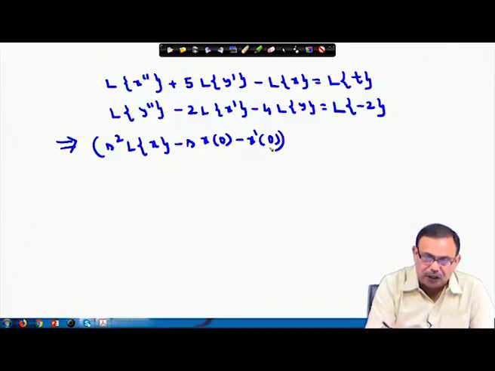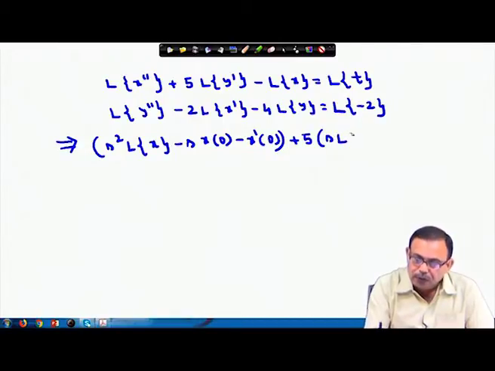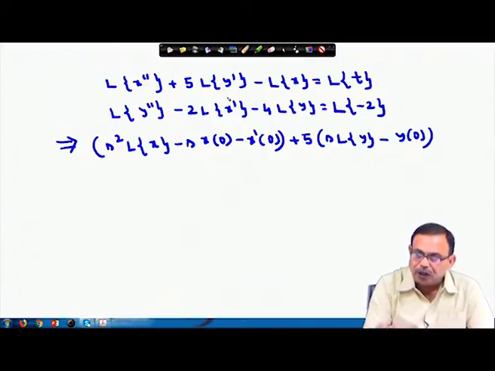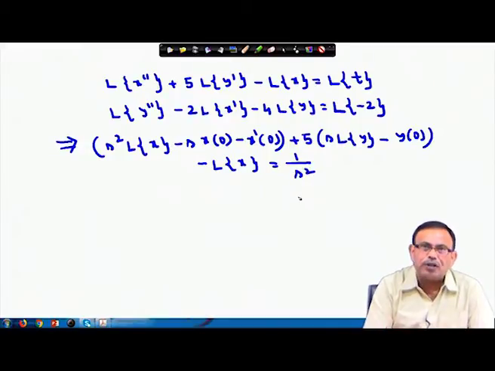This is for the Laplace transform of x double dash, plus 5 into s times the Laplace transform of y minus y(0). This is for the Laplace transform of y dash, minus the Laplace transform of x. This equals the Laplace transform of t, which is 1 by s square.